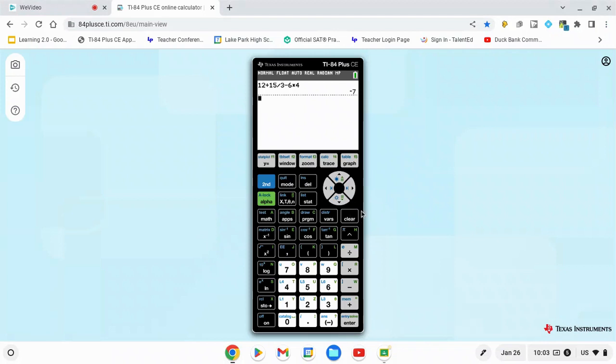So hit clear in the right-hand corner above this little caret button to clear out anything to get ready for your next equation. So for this one, we are going to type a parenthesis instead of a bracket. And then negative sign is right here in the white below the 3. So it would be -2.